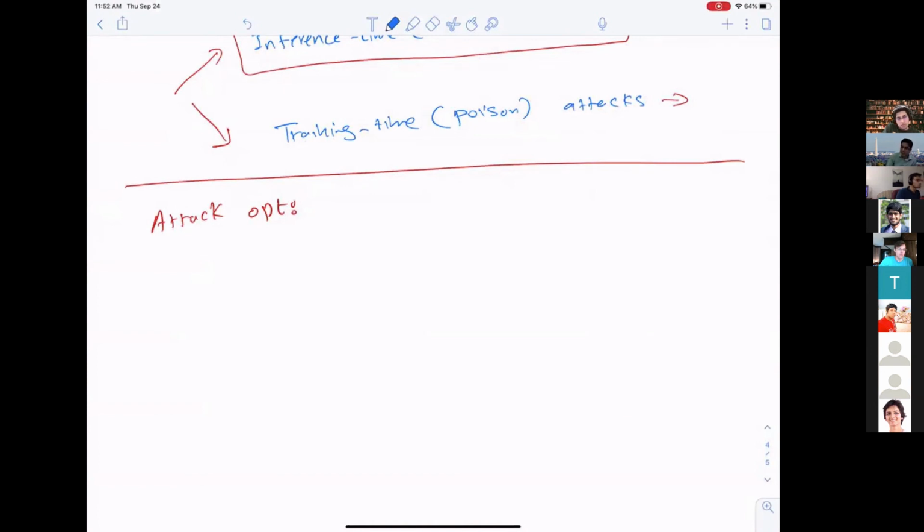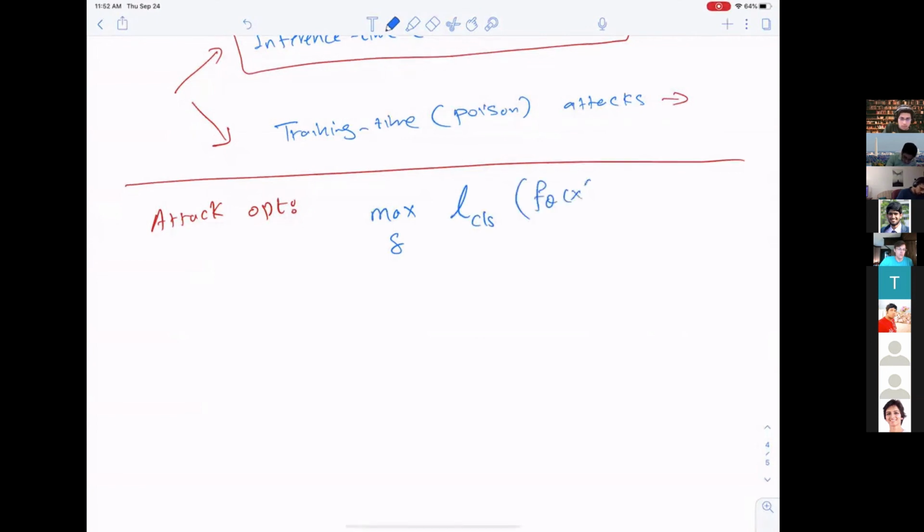We pick a perturbation delta that maximizes some surrogate function for the classification loss, when we are looking at X prime and the label Y, which I think I also call C star. But we have a constraint, let's say in Lp attacks, that the Lp norm between X and X prime is less than or equal to a small number, epsilon.